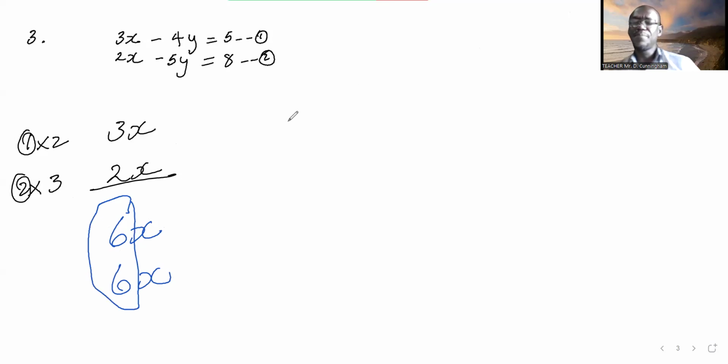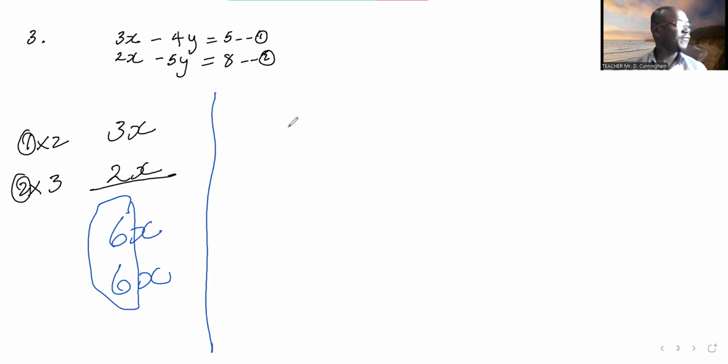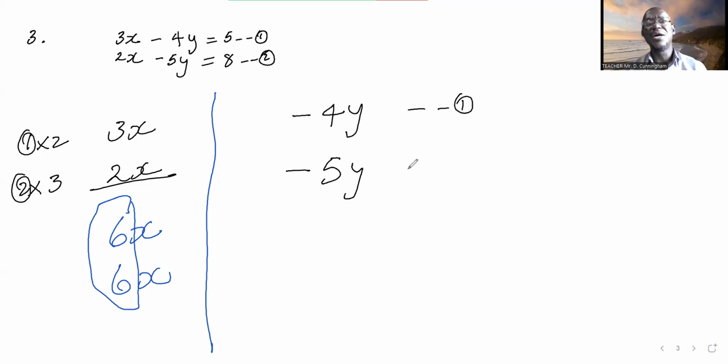Now, Matthias, watch the trick again. If I wanted to get rid of the y's instead, and you have negative 4y and negative 5y in equation 1 and equation 2, all I had to do was multiply equation 1 by what, Matthias? 5.